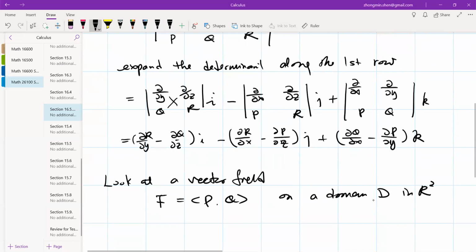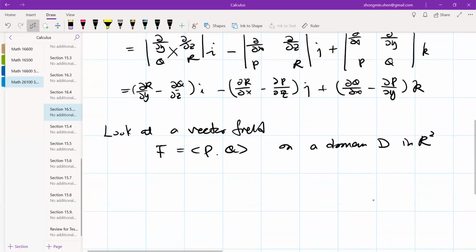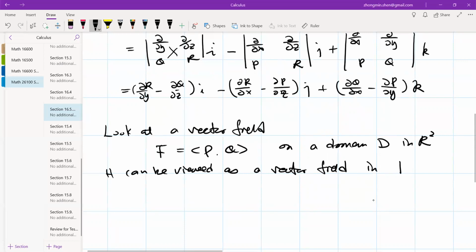Okay, so this can be viewed as a vector field in three-dimensional space, in the region D cross R, which is in R3. So you can still use the same F as (P, Q, 0).